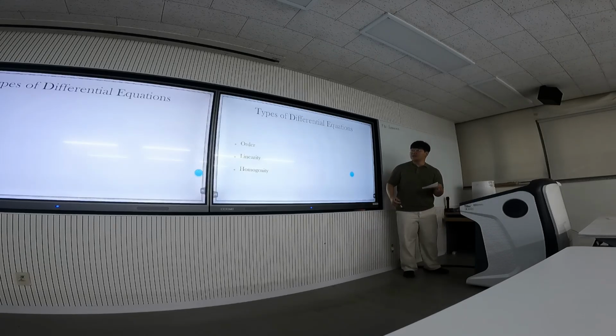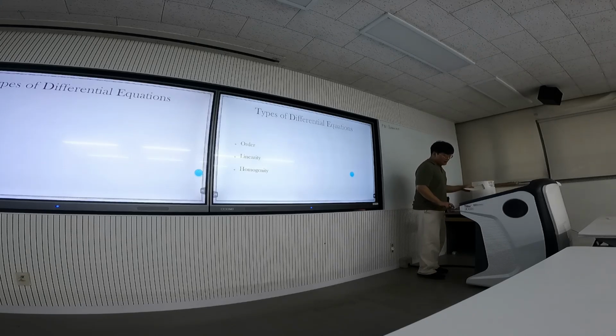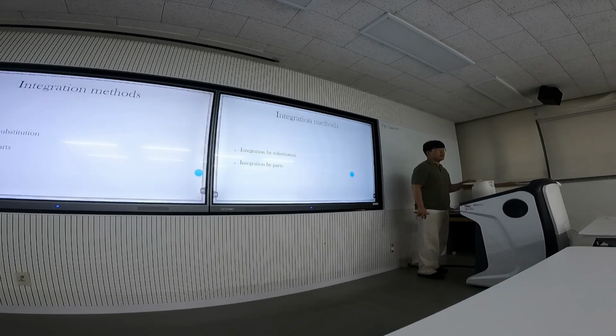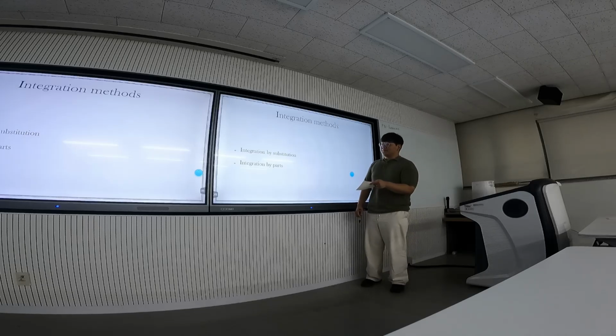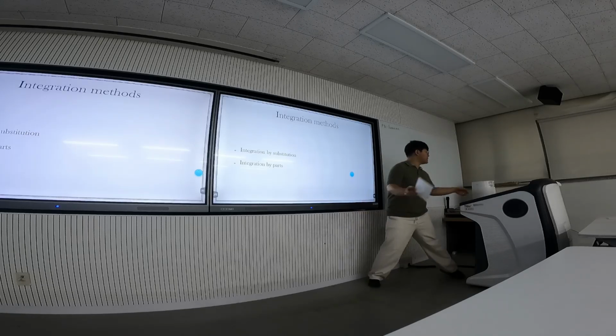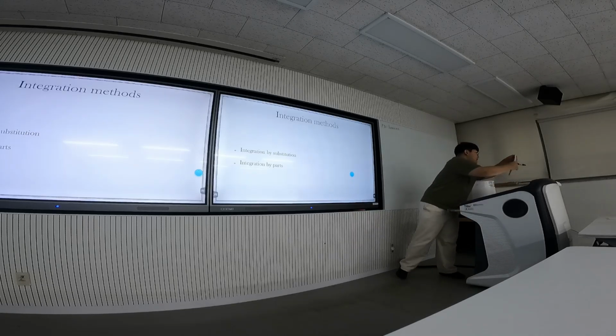So we reviewed the types of differential equations, and additionally we need some integration methods. As you all know, we need to integrate to solve differential equations. So we need another example.